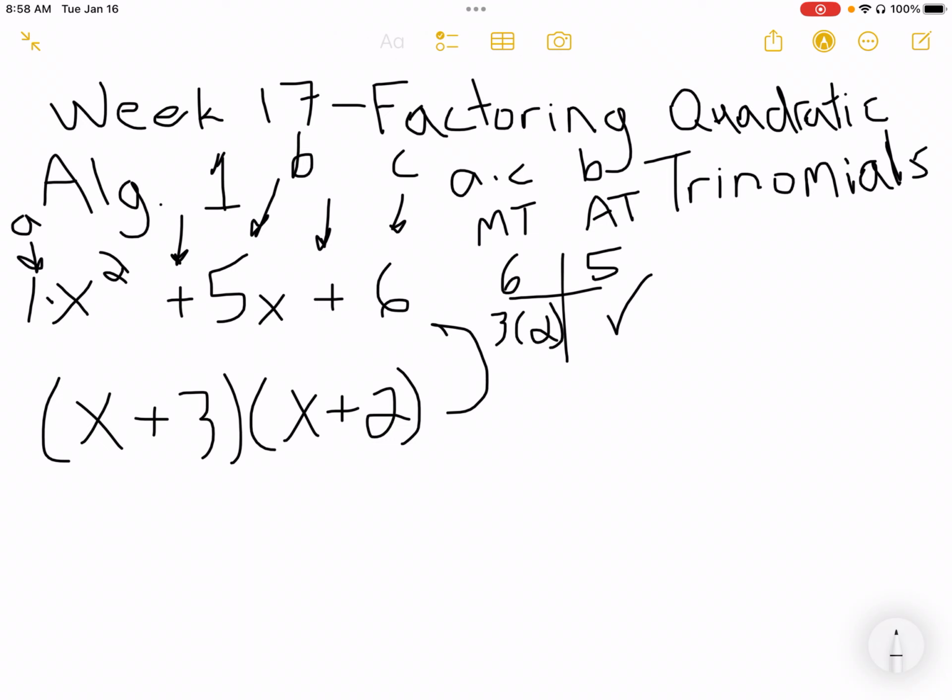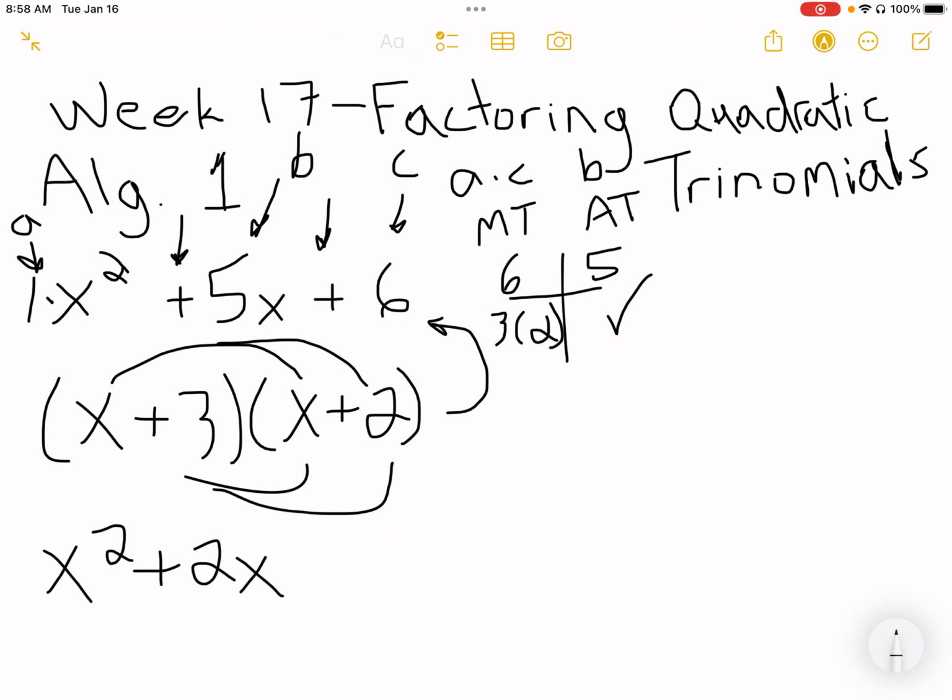We multiply those two, then that one, then add, and we end up having x squared plus 2x plus 3x plus 6. And then we'd have the same original result.